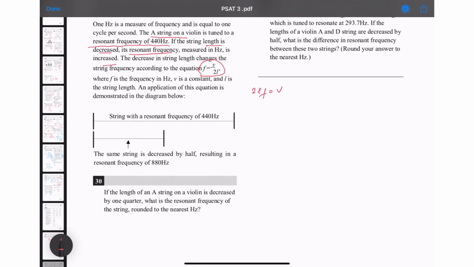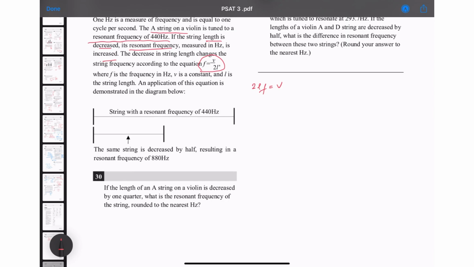When it is half, the frequency becomes 880, because it is just inversely proportional. When this is 440, this is basically V over 2L, which means 880L is equal to V, which is constant.